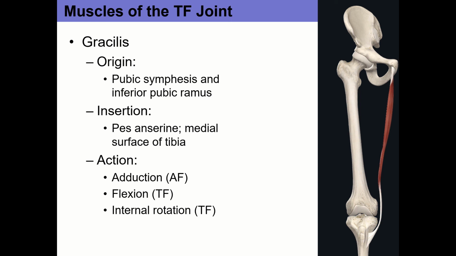Some books, though apparently not the anatomy app, have gracilis as a flexor at the hip as well, but we're going to stick with adduction. So: adduction at the hip, flexion at the tibiofemoral joint, and internal rotation at the tibiofemoral joint. All your muscles that insert at the pes anserine, which include sartorius, gracilis, and semitendinosus, are flexors and internal rotators.